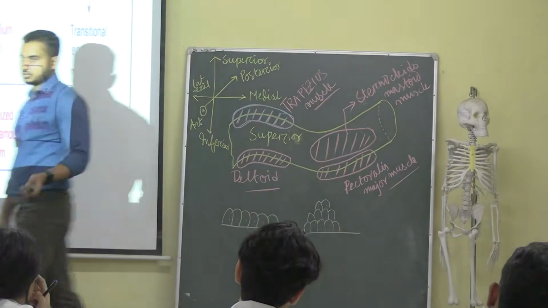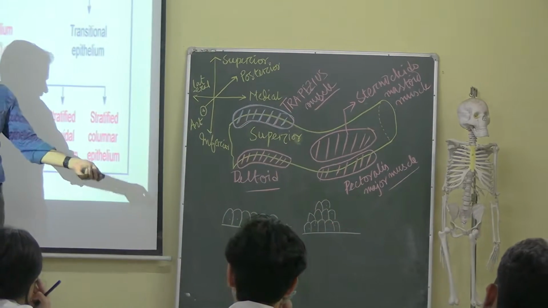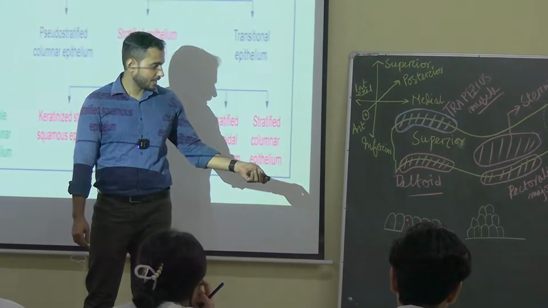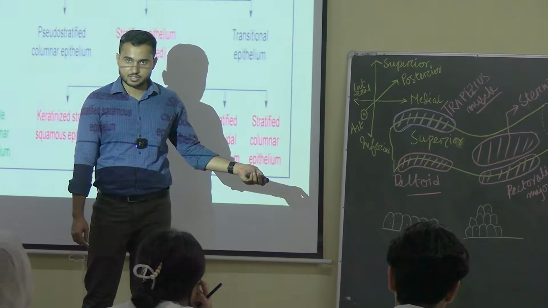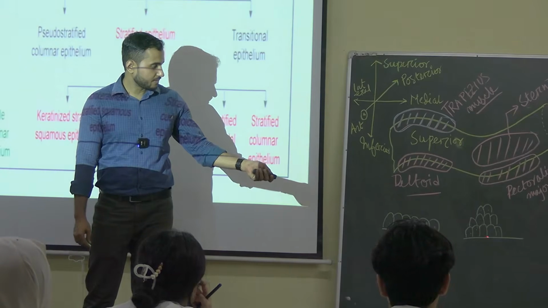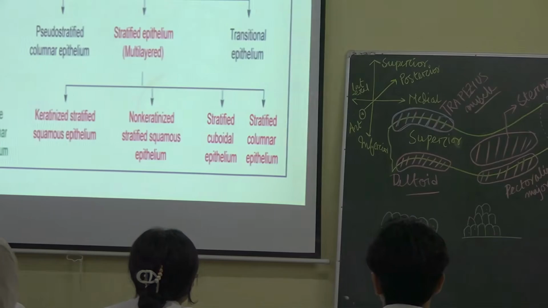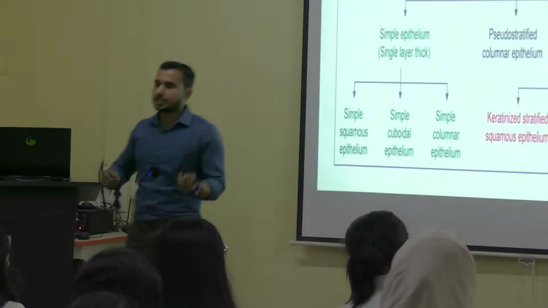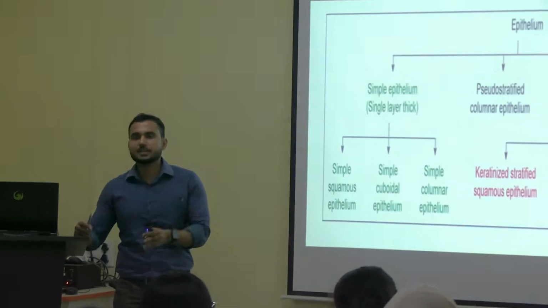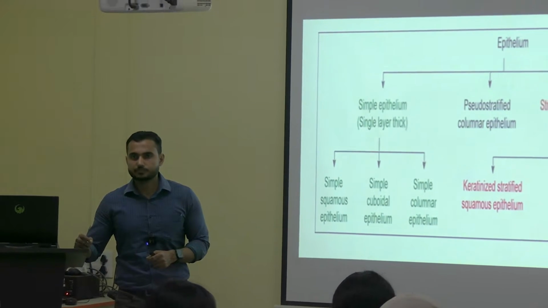Based on this, the classification is done. So this is one basement membrane, only one layer of cells are present. Now here, one basement membrane, multiple layers of cells are present. Based on that, the classification is done. So what is that? It is simple epithelium and stratified epithelium.